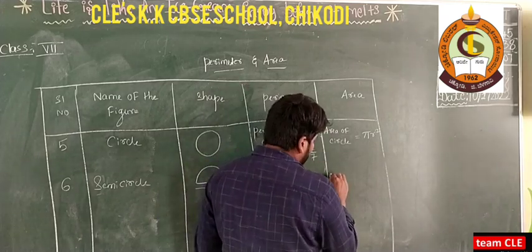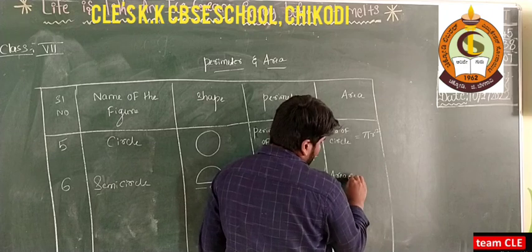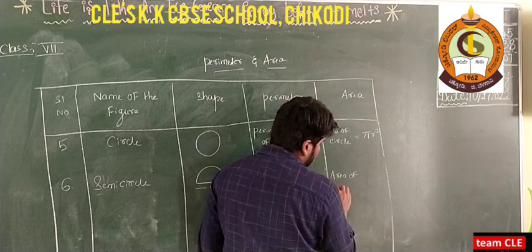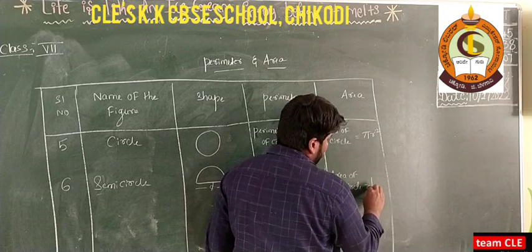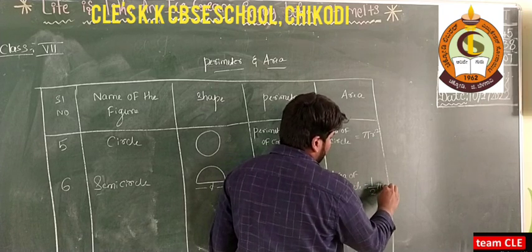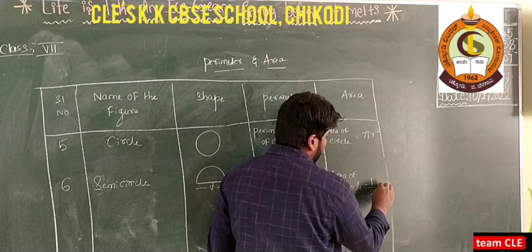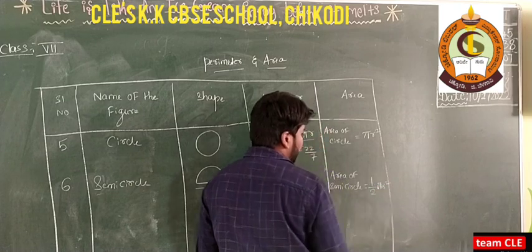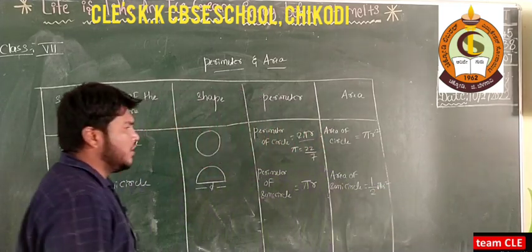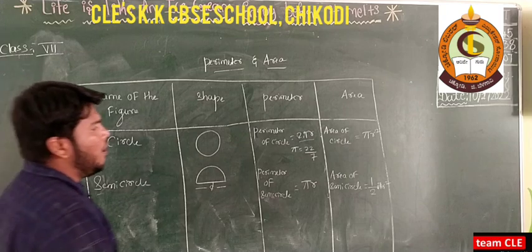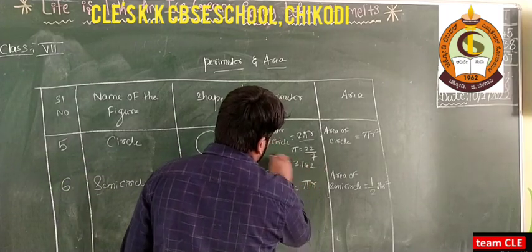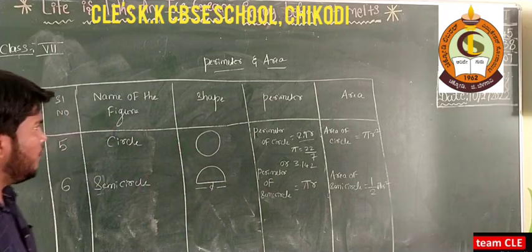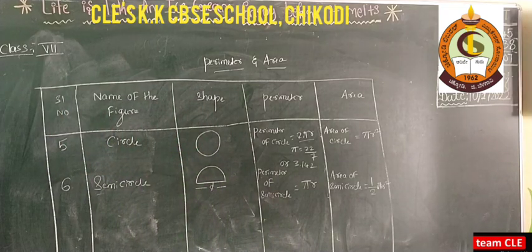And area of semicircle is half pi r square. Pi is 22 by 7 or 3.14.